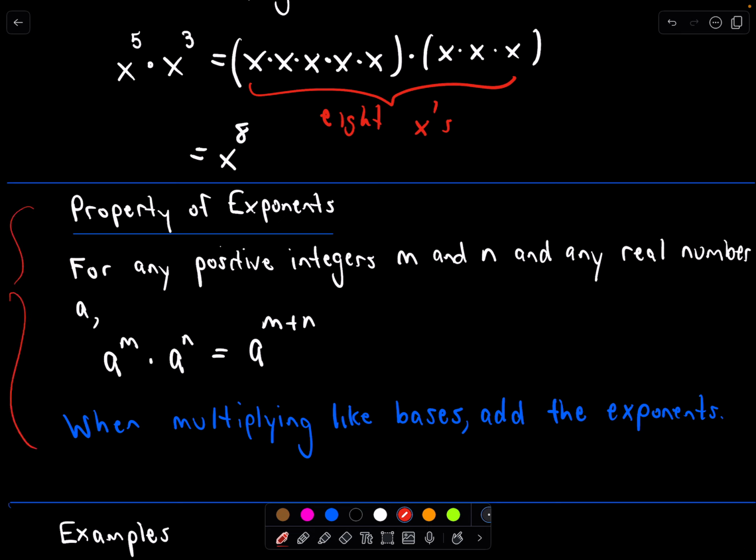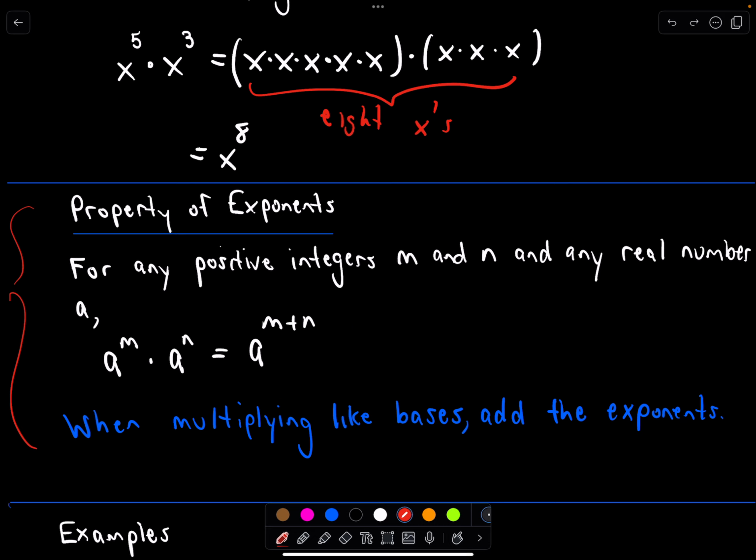And that gives us our nice little rule as follows, this property of exponents. It says for any positive integers m and n, and any real number a, a raised to the power of m times a raised to the power of n is a raised to the power of m plus n.